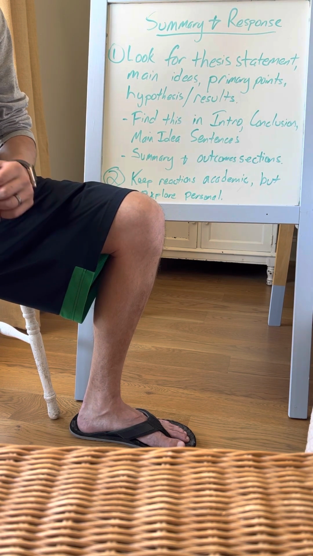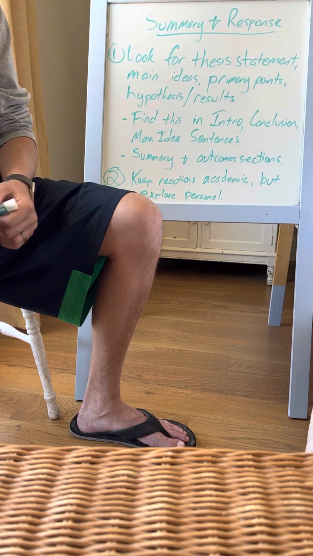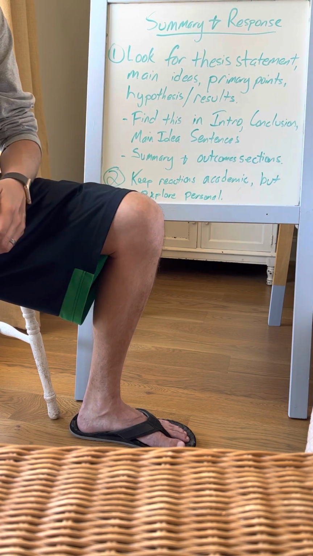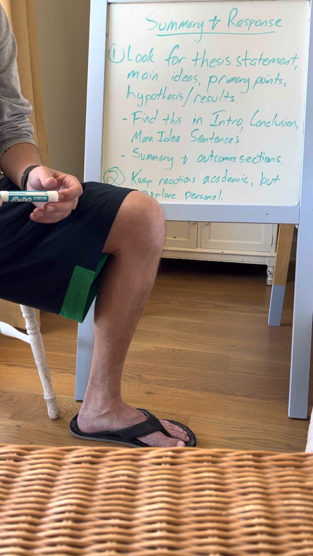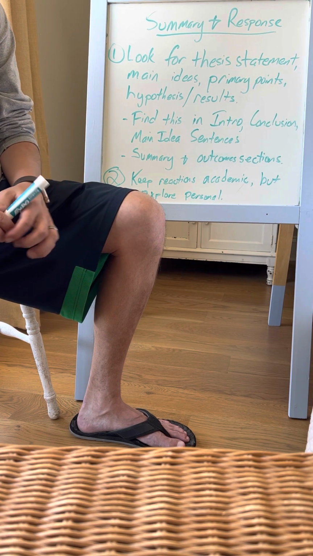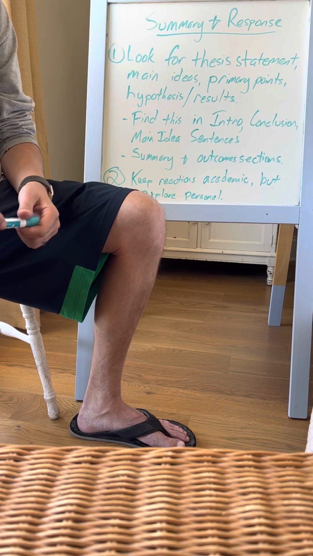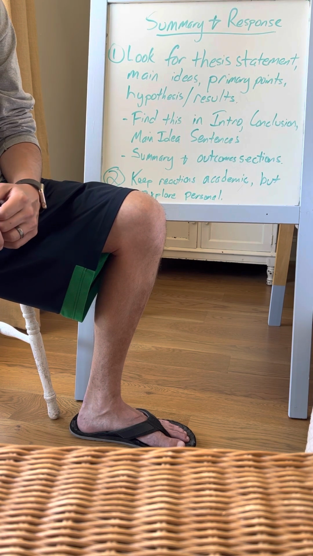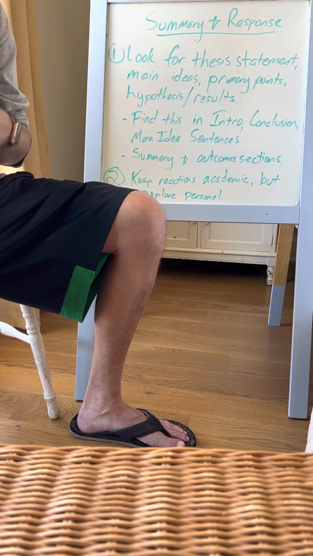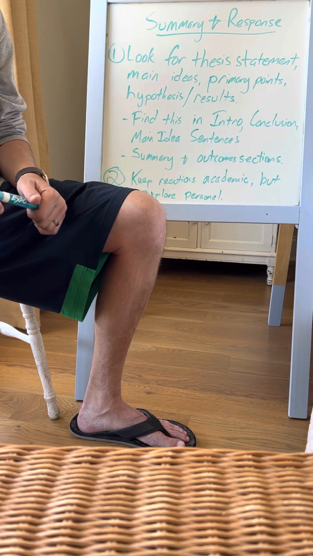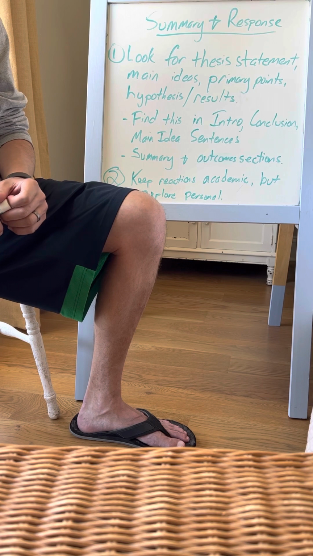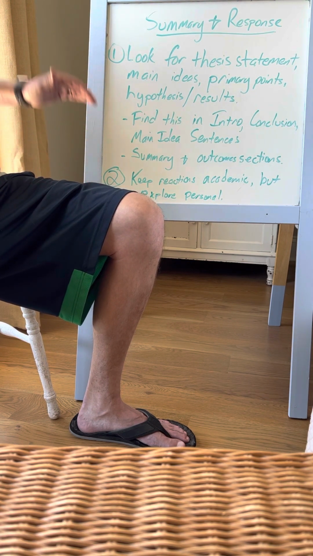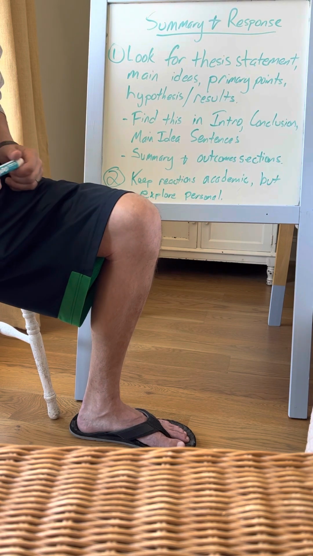Sometimes it's 2/3 summary and 1/3 response, or vice versa. It depends on the teacher that you have. For the one I've been coming across with a student who's been coming in for tutoring, it seems like about 2/3 summary and 1/3 response. So it breaks down into basically those two parts, summary and response.